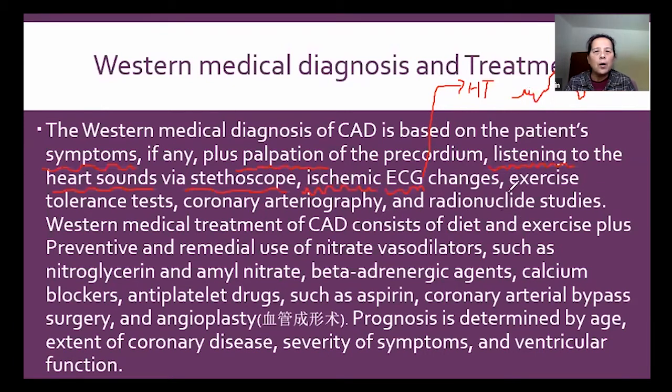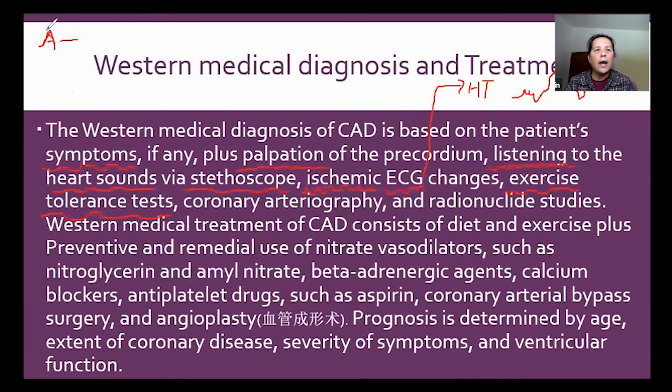It's also possible to do an exercise tolerance test. What does that mean? We say angina attacks sometimes happen after people exercise, because their body and heart need more oxygen.